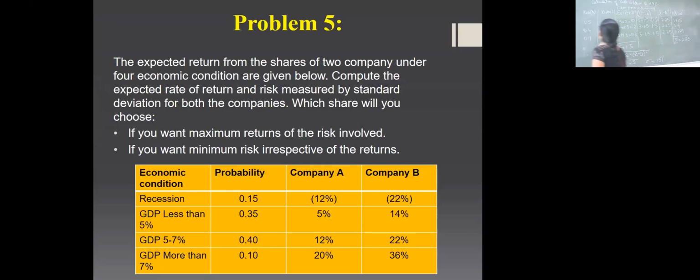Give the heading: calculation of risk and return of company A. Your columns will remain the same. Can anyone help me out in telling the values?